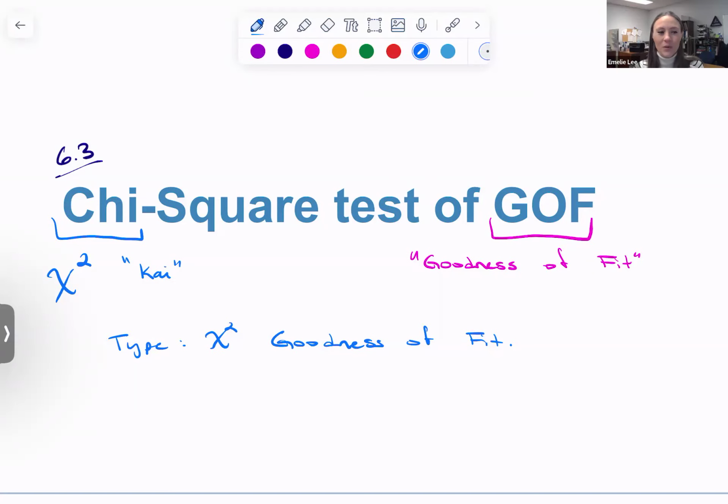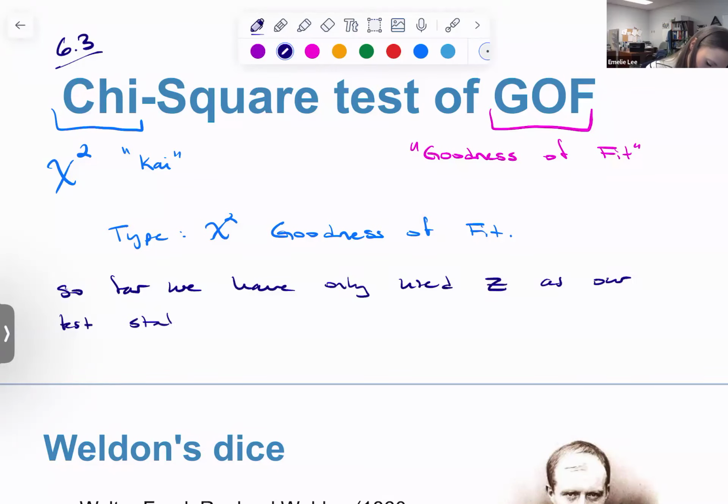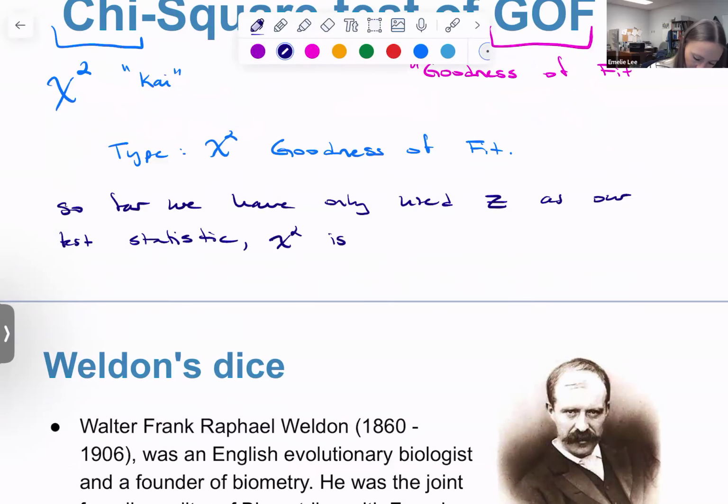So far, we have only used Z as our test statistic. And chi-squared is a new test statistic. We use chi-squared mainly when we have 3 or more proportions.